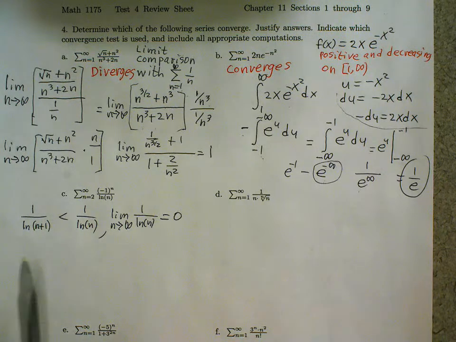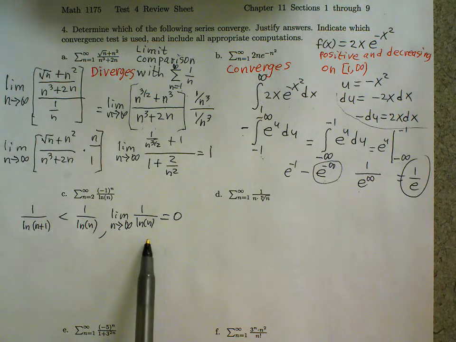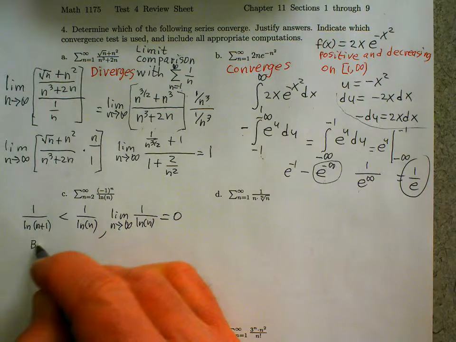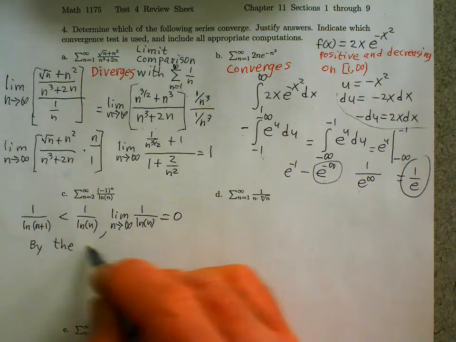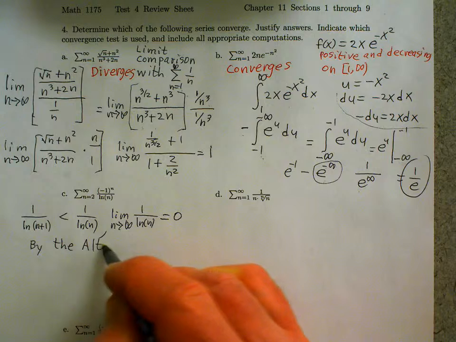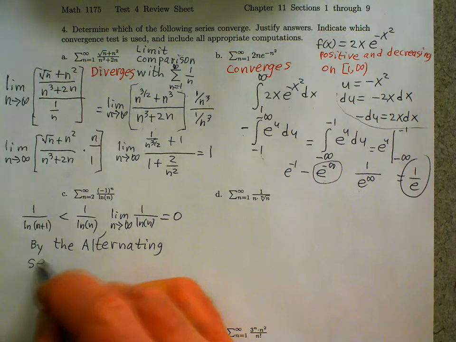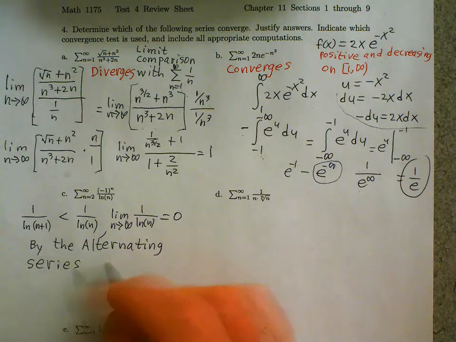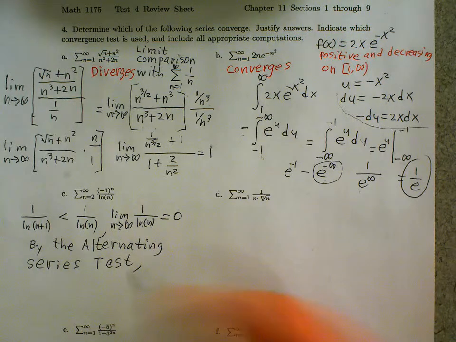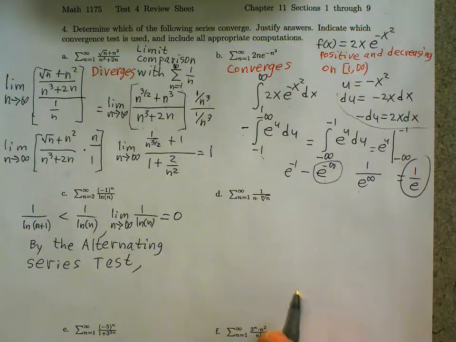So both conditions of the alternating series test are satisfied. So by the alternating series test, the series converges.